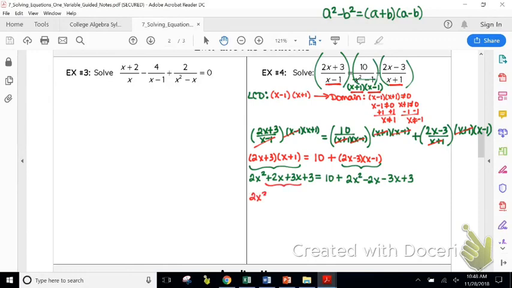So on the left, we have what, 2x squared plus 5x plus 3. Equals. This one I have 2x squared. What's negative 2x minus 3x? Negative 5x. And then I have 10 plus 3.